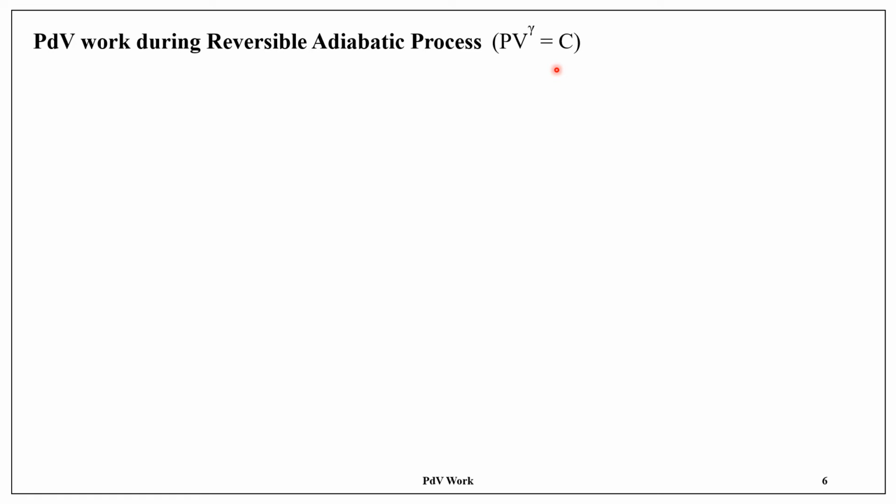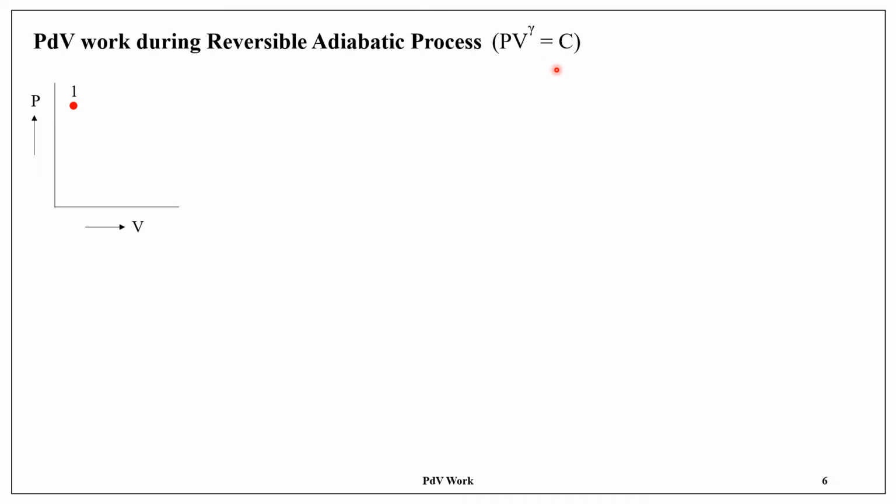Therefore, we can use the same relation which we derived for a polytropic process in a reversible adiabatic process also after substituting gamma instead of n. Before looking into that equation, first we will try to represent this reversible adiabatic process in a PV diagram.